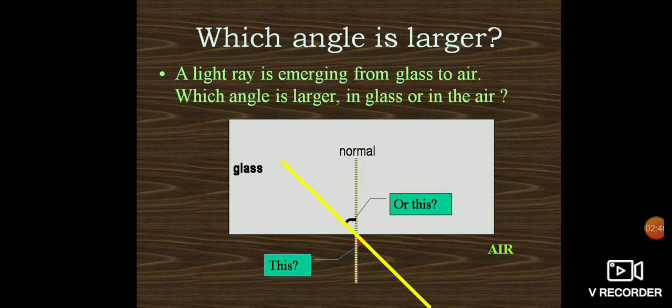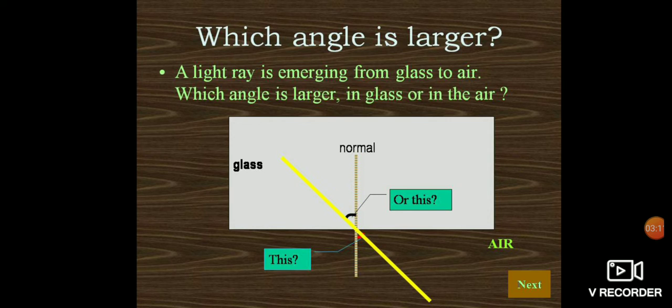Which angle is larger? A light ray is emerging from glass to air. Which angle is larger, in glass or in air? If you see the normal, the yellow line shows the glass, and this is the angle of incidence, and the medium is air. Let us suppose the light ray is emerging from glass to air.